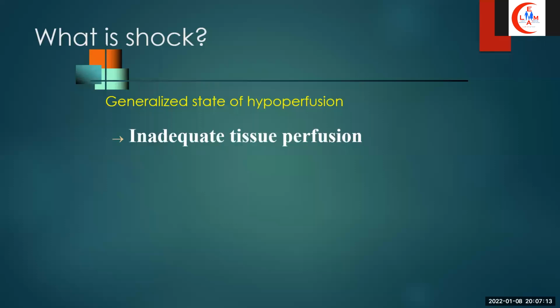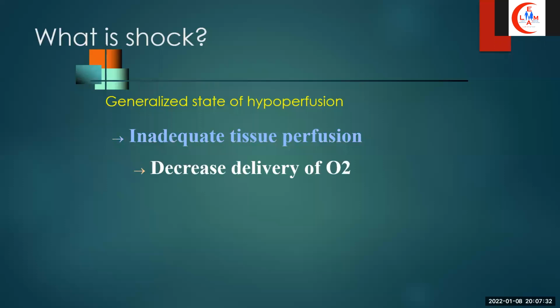So in a state of shock, what will happen? There will be inadequate tissue perfusion, either due to low blood volume, decreased blood pressure, or the heart not pumping enough blood to oxygenate the cells and the tissues.